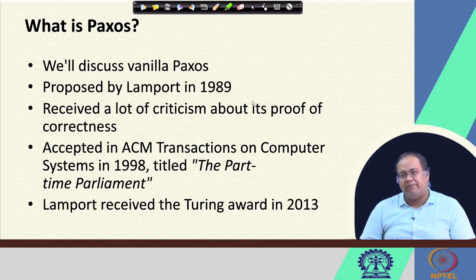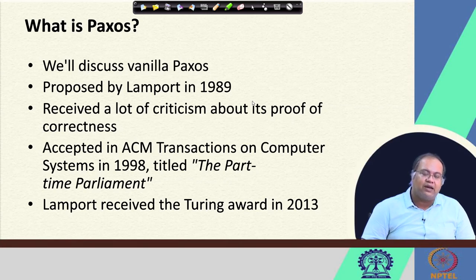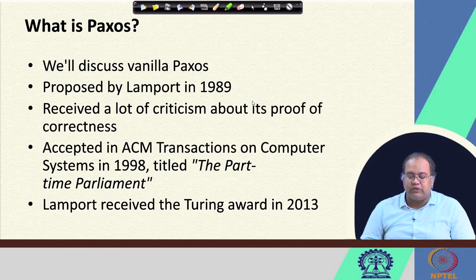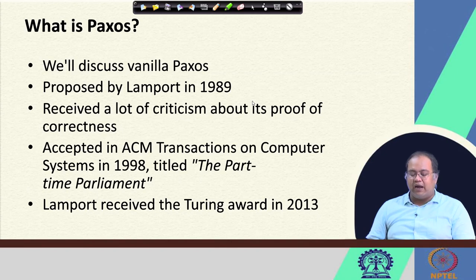When the algorithm was initially proposed in 1989, it took around 9 years to get accepted and get people convinced that the algorithm actually works well. And finally, Lamport received the Turing Award in 2013 for his contribution to distributed consensus and in general to the design of distributed systems.